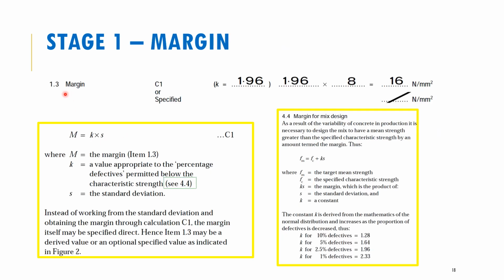Step number 3 concerns calculating the margin. Again, we're still talking about variability in strength. The client has specified 30 MPa as the desired strength.